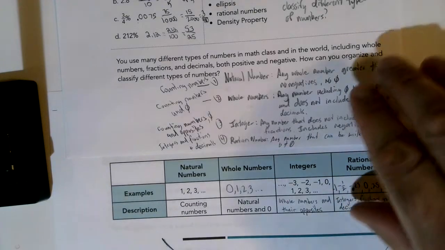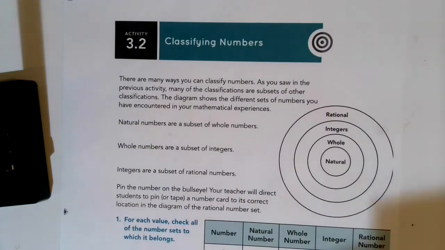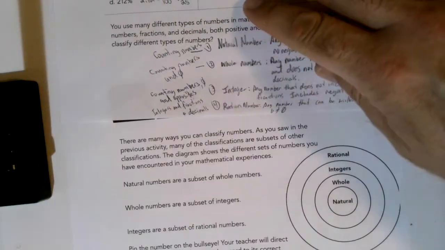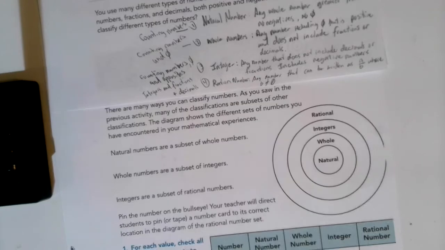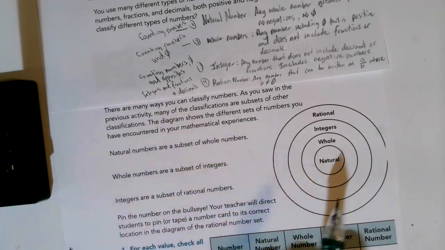All right, now we're going to do the work. So this is our graphic. We have our definitions that we've worked on. Okay. And basically what it's saying here is that we have this bullseye, okay? And in this bullseye are the natural numbers. That's the most restrictive definition.